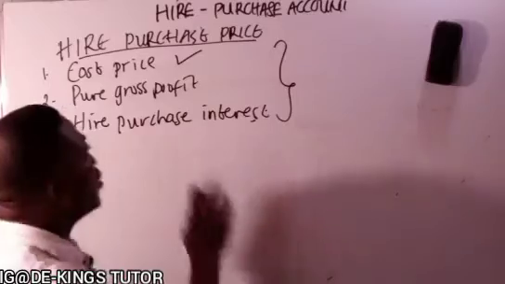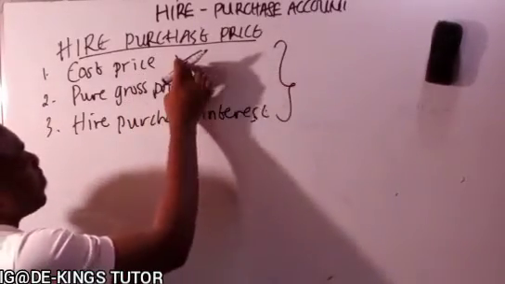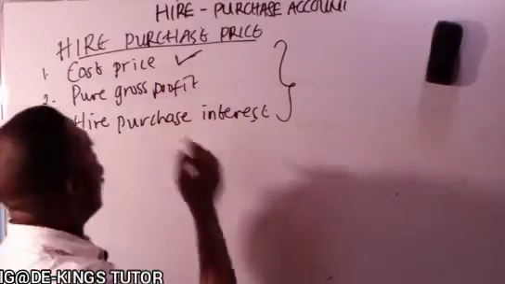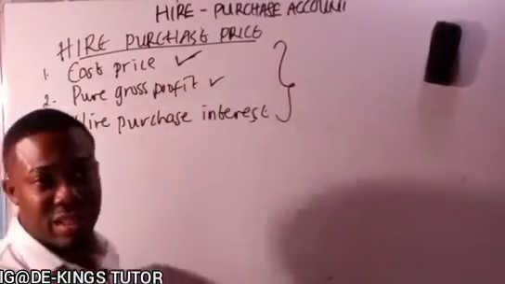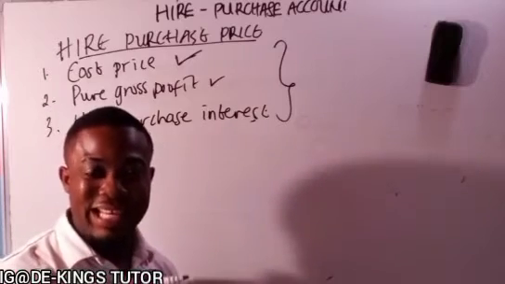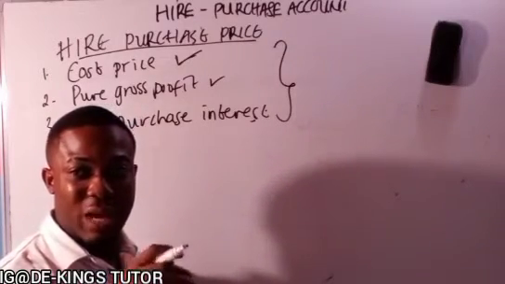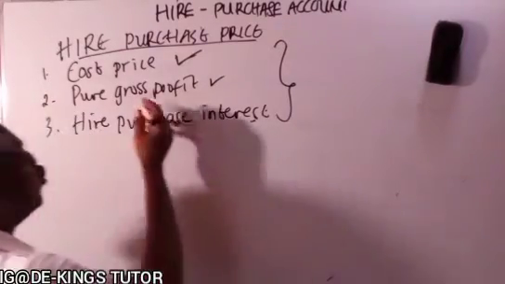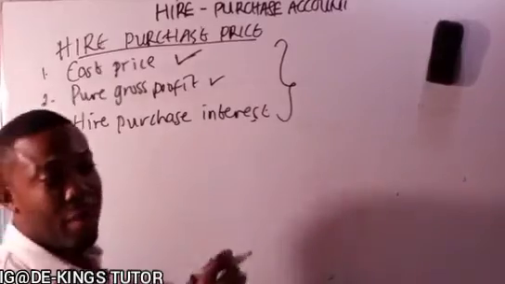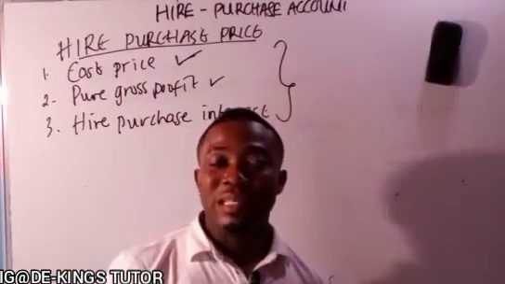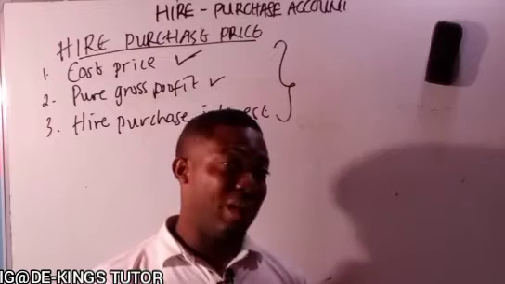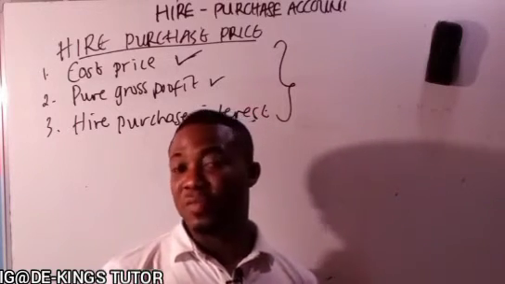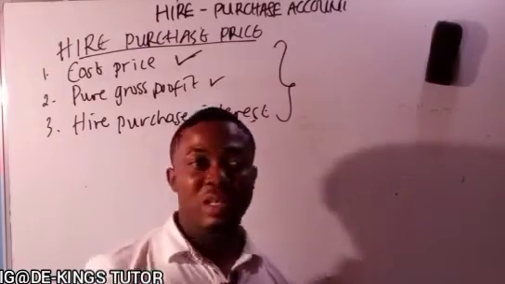Now, the hire purchase price is comprised of these three: the cost, the pure gross profit, and the hire purchase interest. I'm going to explain that. So the cost price is the cost of the asset, while the pure gross profit is the gain that is attached to that cost price when it is sold out. So normally for a sale that involves instant movement of ownership from the seller to the buyer, that's a normal sale of goods contract.